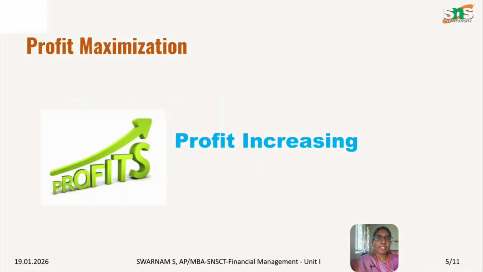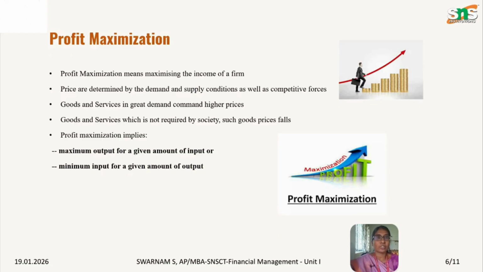Profit maximization, in the sense of increasing the profit of the company, maximizing the income of the firm, is called profit maximization. Price is normally determined by the demand and supply condition, as well as by competitive forces.